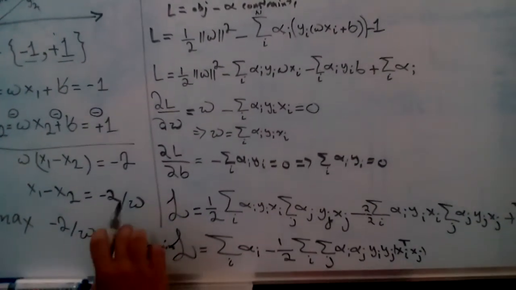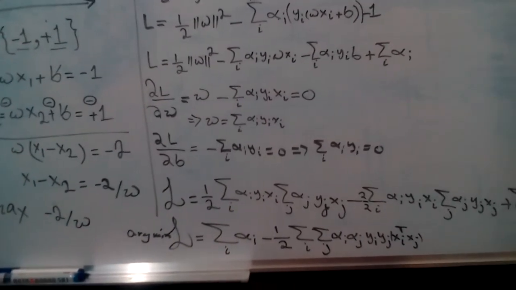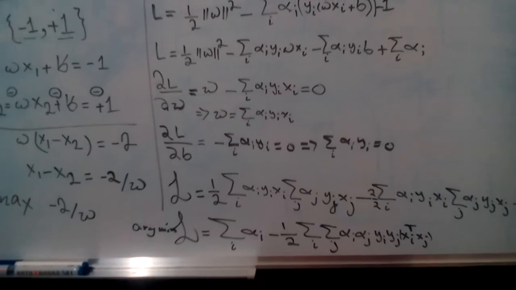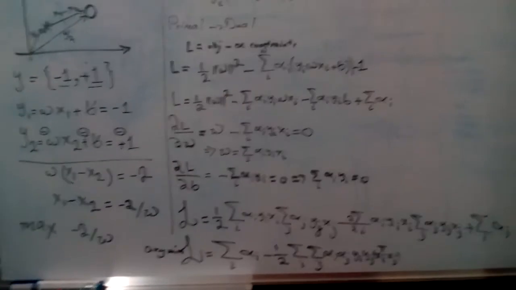Let's have a look at this equation. This is the objective function, the new objective function. Well, this is a quadratic programming, a convex quadratic program, which can be solved with methods like Hansen's method.